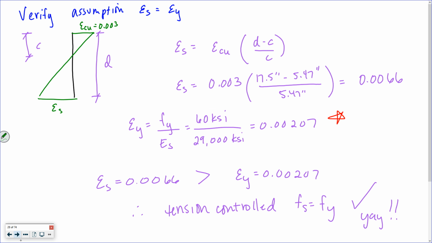We figured out ES, so ET is equal to ES, which is equal to 0.0066.